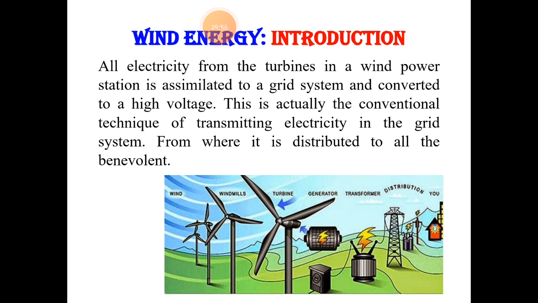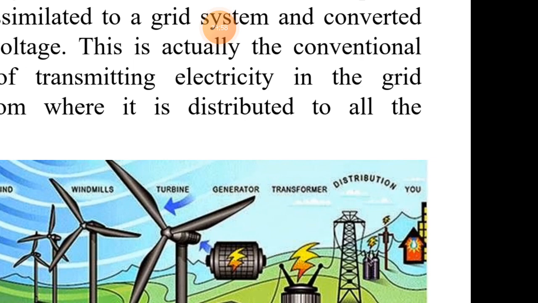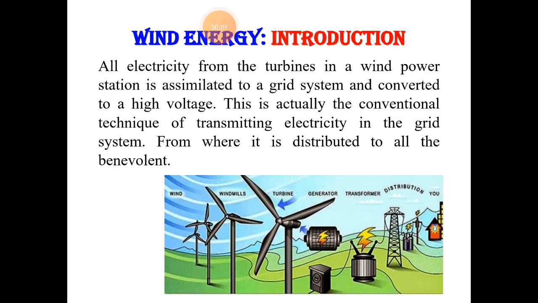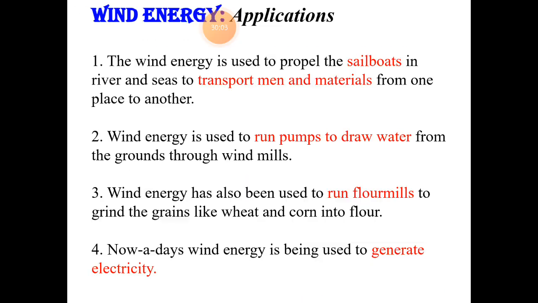Fine students, after understanding the working principle of the windmill, now we shall move on to the applications of wind energy. First to start is, wind energy is used to sail boats and ships in coastal areas to transport the needy materials.